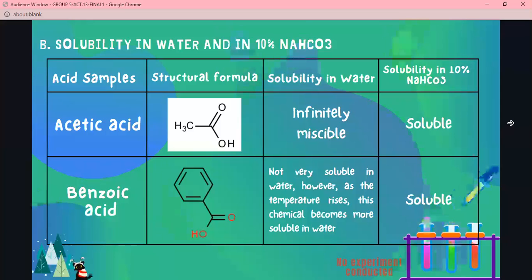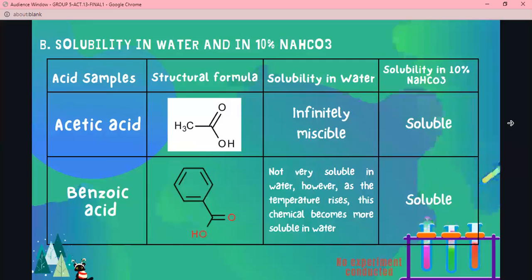Okay, so now let's move on to the solubility of different acid samples in water and 10% sodium hydroxide. The structural formula of acetic acid and benzoic acid is already presented in this slide. Acetic acid is infinitely miscible in water, and when we say miscible, it means it forms a homogeneous solution.